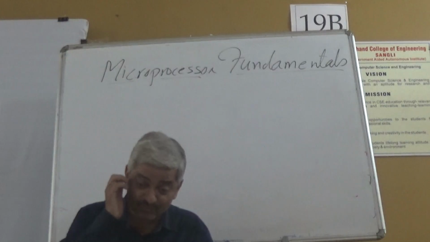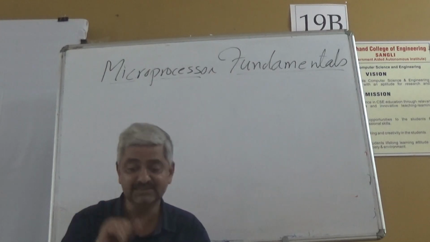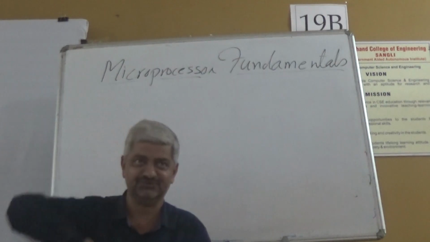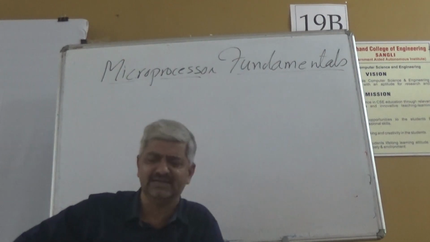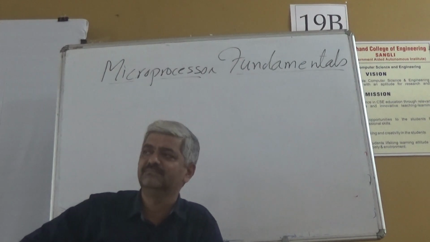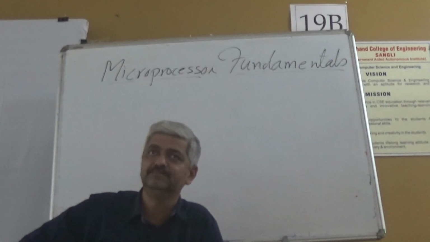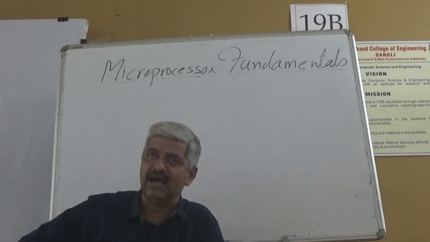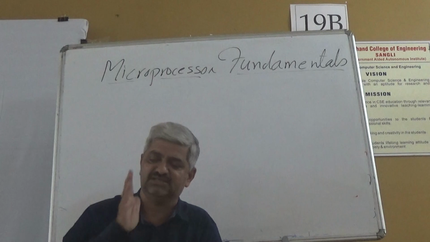Now, what is the difference between computer and other machines? Whatever machine you may take, any electric machine, mechanical machine, electronic machine and computer, यात काय फरक आहे? Computer and other machines, what is the distinguishing difference?